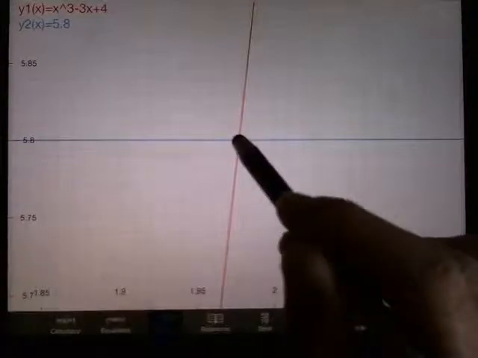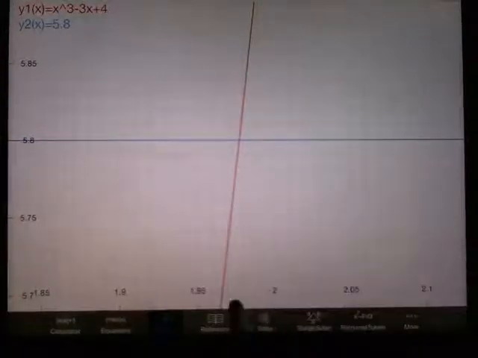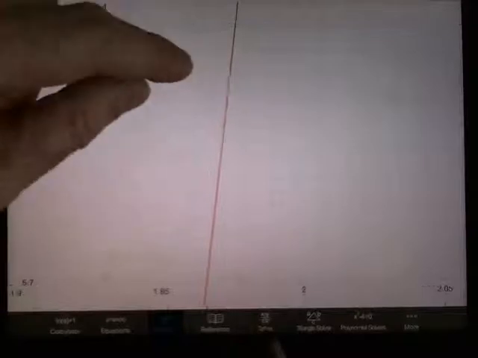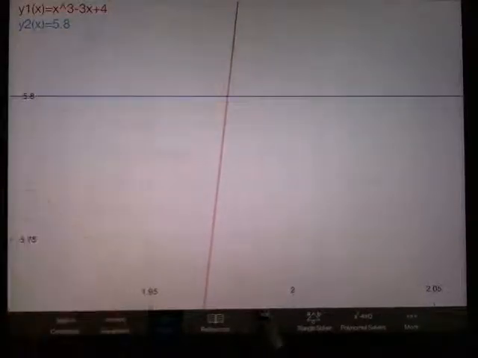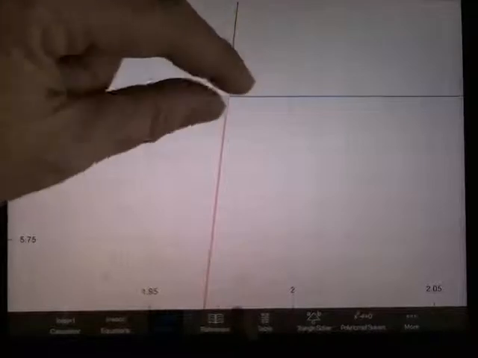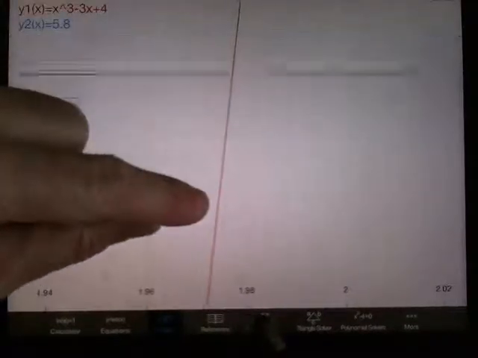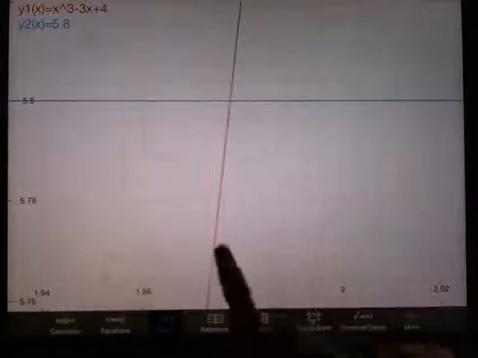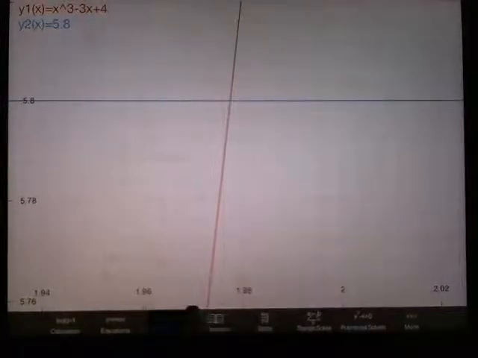But this is giving me a little bit better. 5.8, that's crossing at 0.95, 96, 97, 98, 99, yeah, 97. Let's zoom in a little bit more. 1.97, there we go. I got a little bit better accuracy. 1.9698.